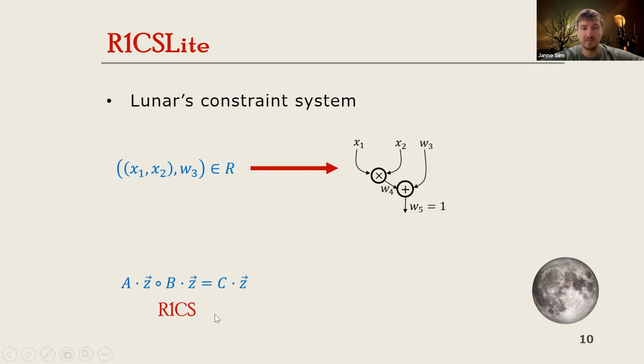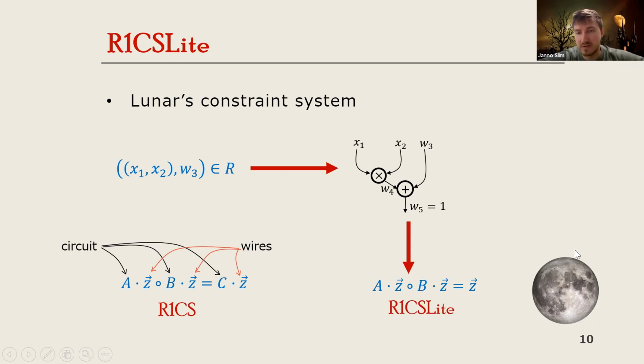Here the circle represents pointwise multiplication. You have some matrices A, B, C, which represent the circuit, and then you have the vector Z, which in some way represents the wires. And it says that the relation is satisfied if this matrix equation is satisfied.